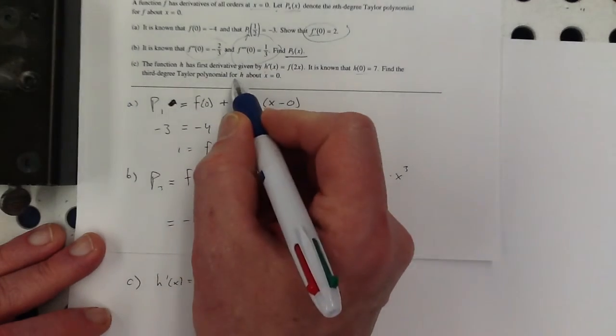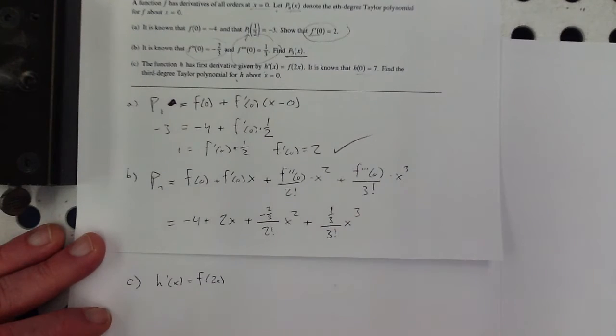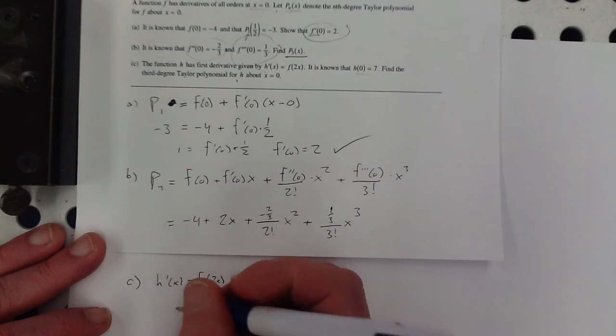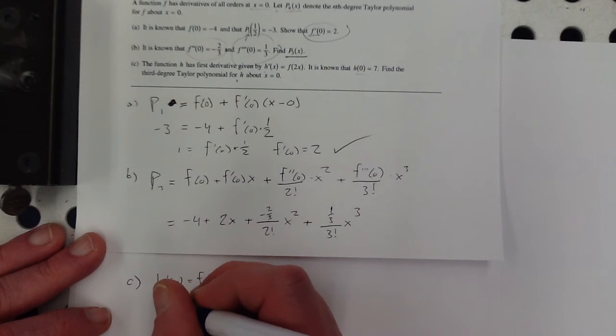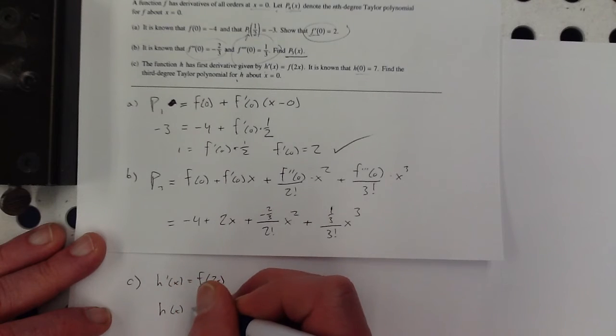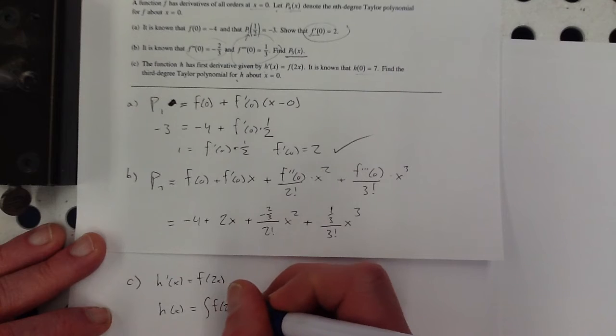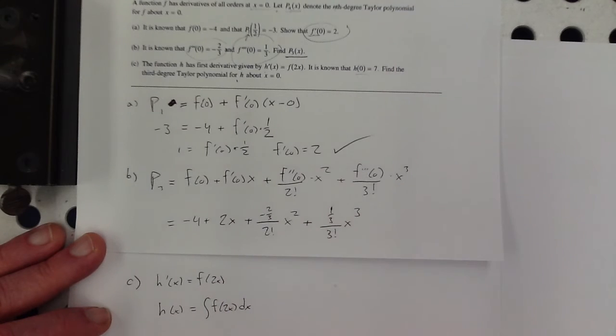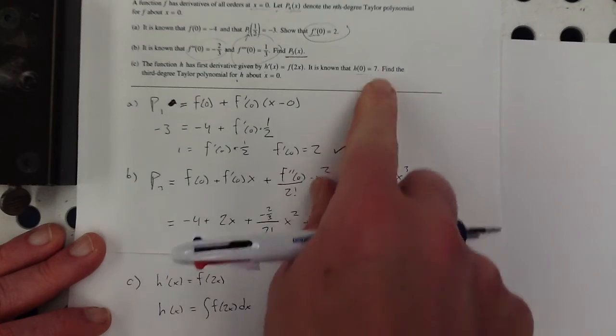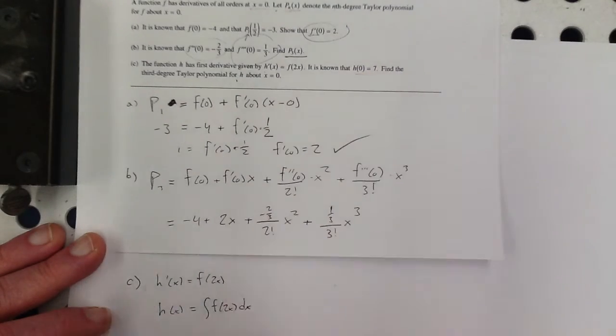If I want to get back to h from h prime, then I need to take the antiderivative. So that means that h of x is equal to the antiderivative of this. And I'm going to have to deal with the plus c thing over here, right? Because I know that h of 0 is equal to 7.